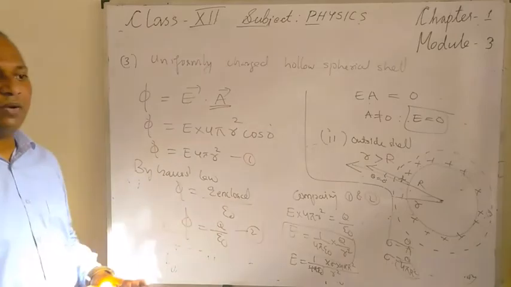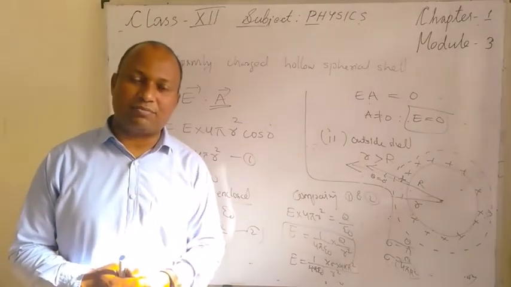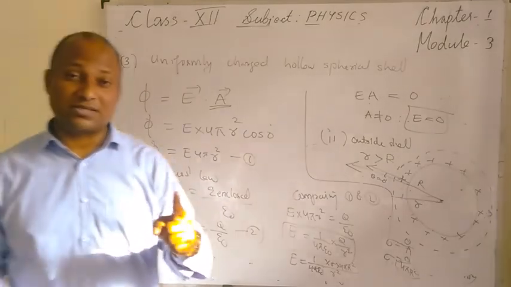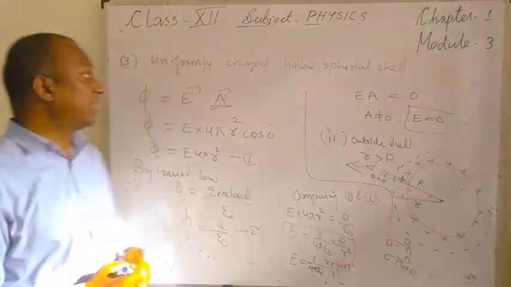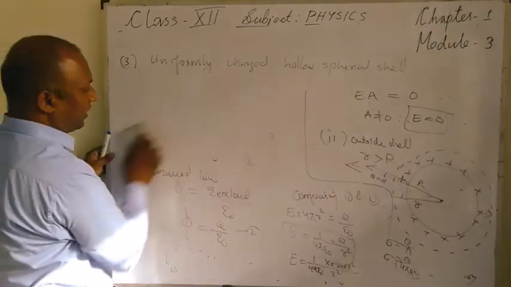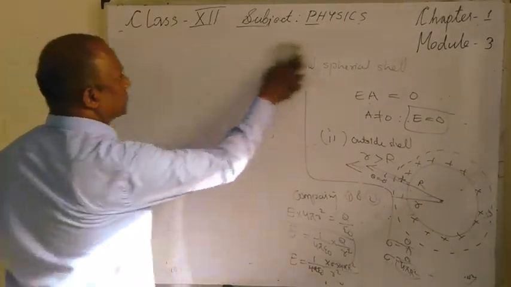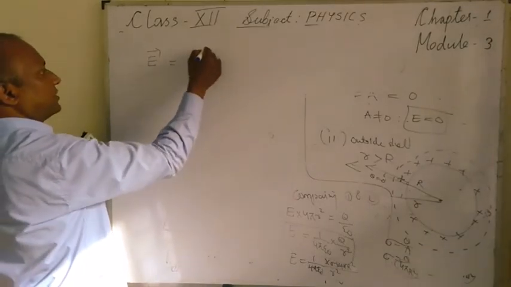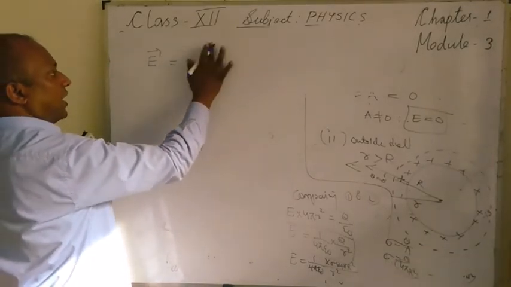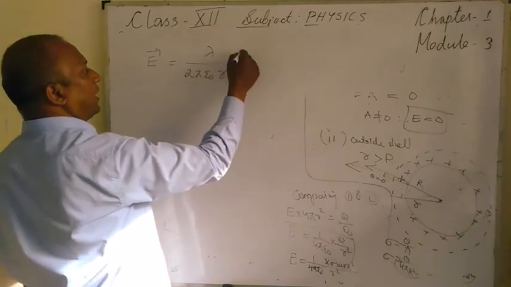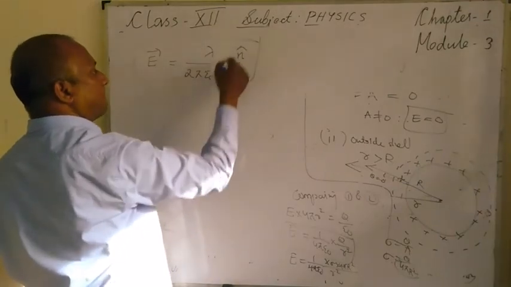So today what we have learned is the major 3 applications of Gauss law. Number 1, for an infinitely long straight conductor, electric field is equal to lambda upon 2 pi epsilon naught r n cap, where it depends on r and lambda.